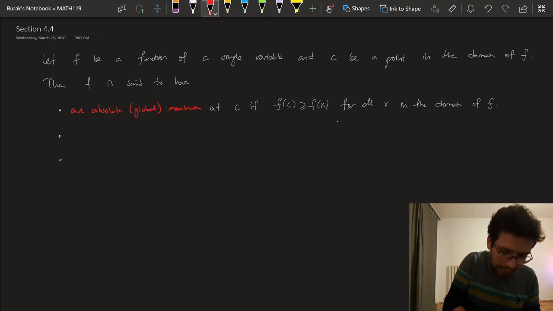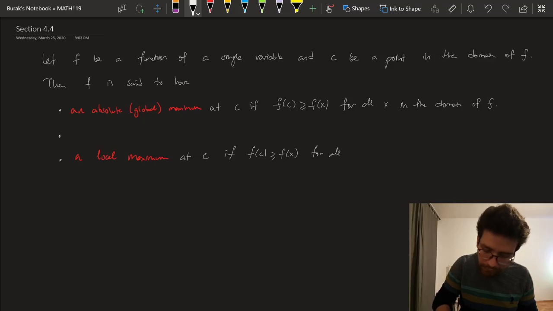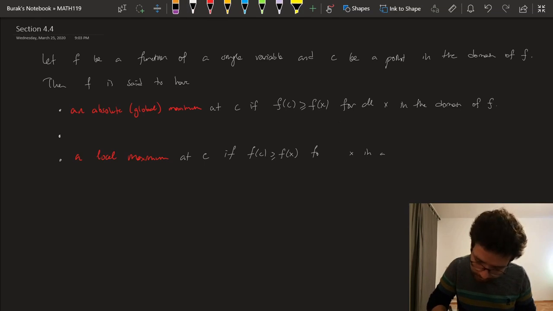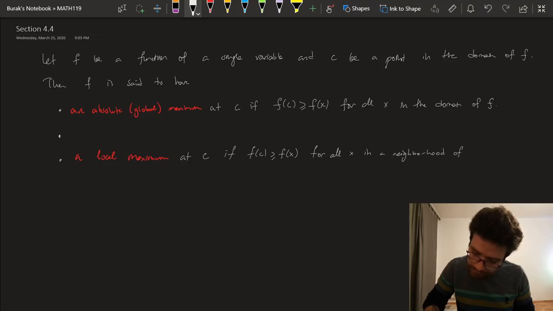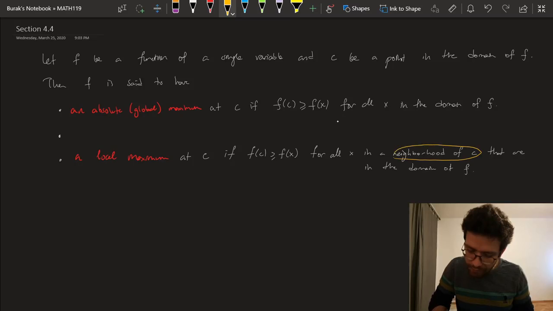So let me write it over here. f is said to have a local maximum at c if f of c is greater than or equal to f of x for all x in a neighborhood of c that are in the domain of f.